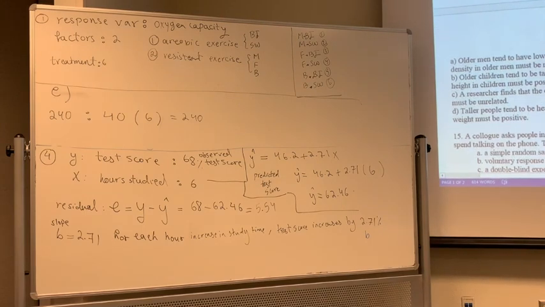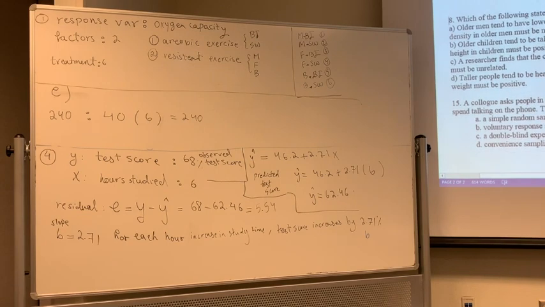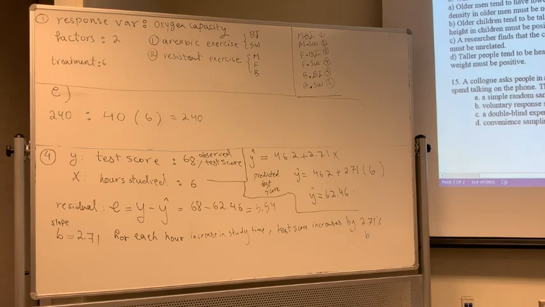Okay, so this one. Which of the following is false? It says older men tend to have lower muscle density. So we are talking about age and muscle density, correct? As they get older, they have less muscle density, right?